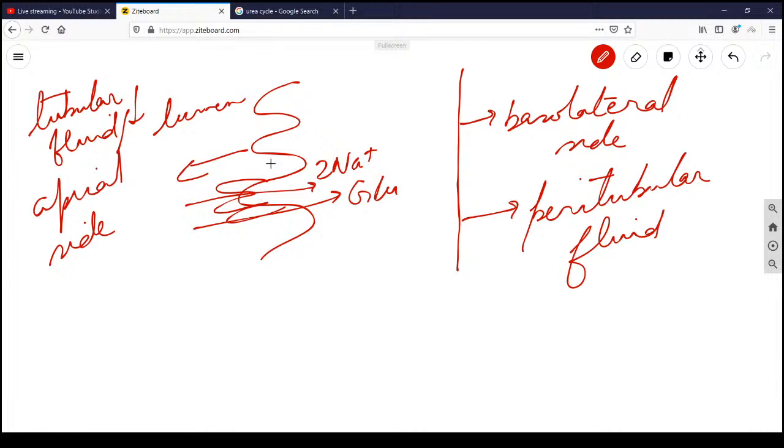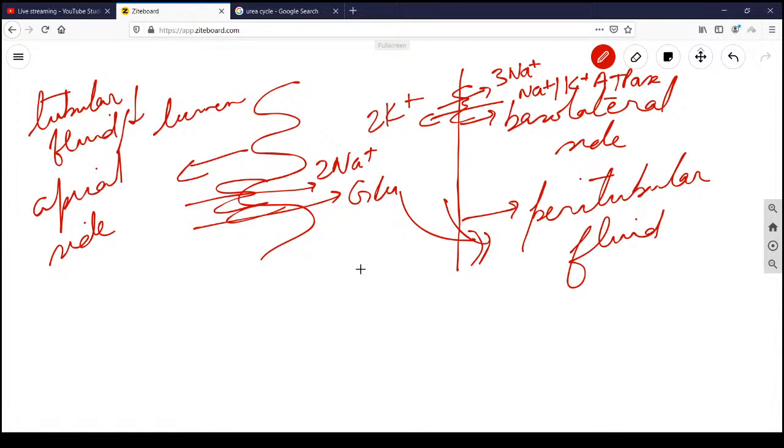When Na plus is coming down its concentration gradient, it will bring glucose against its concentration gradient by harnessing its own potential energy, and then glucose exits via facilitated diffusion, and Na plus exits via Na plus, K plus ATPase present on the basolateral membrane. So this is how glucose is reabsorbed in the PCT only.